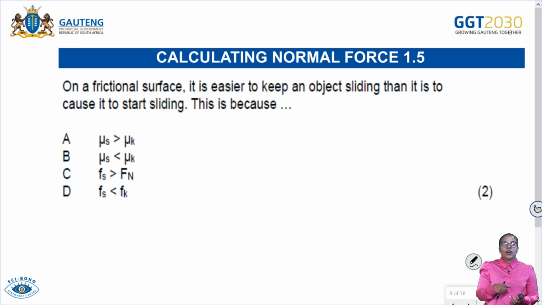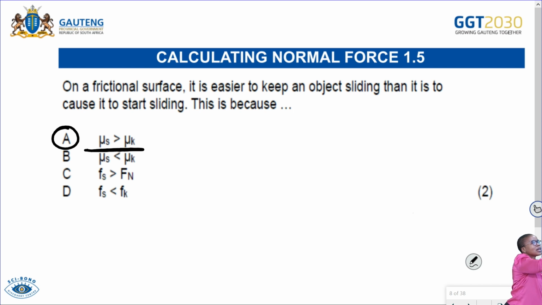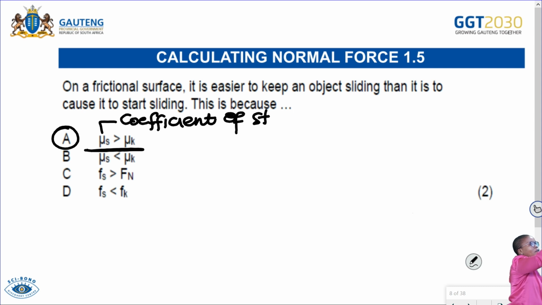Why? Because your mu s, which stands for the coefficient of static frictional force, is greater than your mu k.